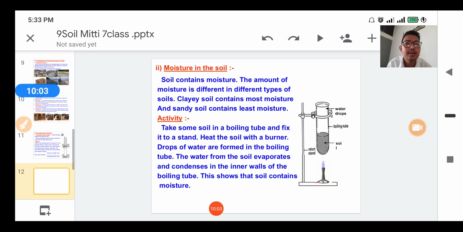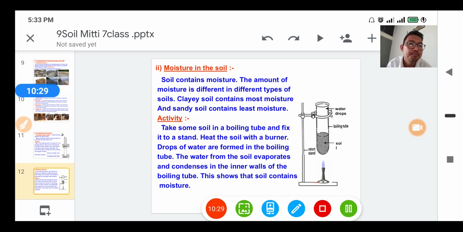So next we will discuss how we can demonstrate or prove the presence of moisture in the soil. We all know soil contains moisture, but how to demonstrate that? For that we can take some soil in a boiling tube and fix it in the stand, then heat the soil with a burner.